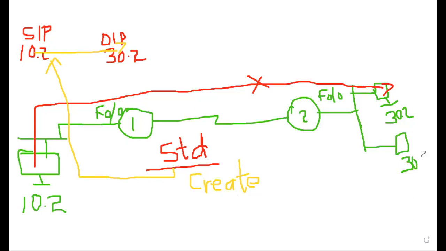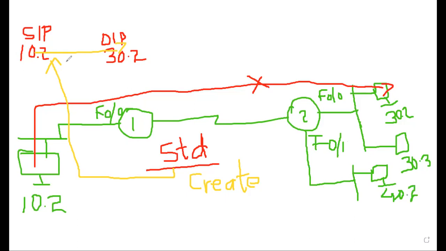If your traffic coming from 10.2 goes to 30.3, it should be permitted. Also, you have another switch, let's say F01, connected to another system which is 40.2. So the statement says that if your traffic comes from 10.2 to 40.2 it should be permitted, only 10.2 to 30.2 denied, by using a standard access list.